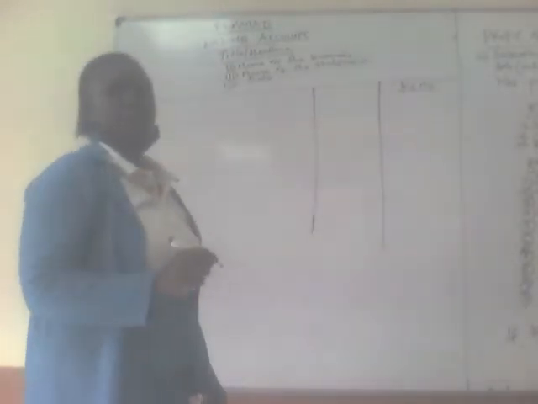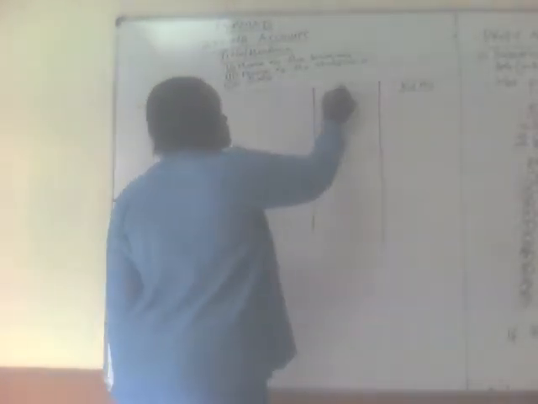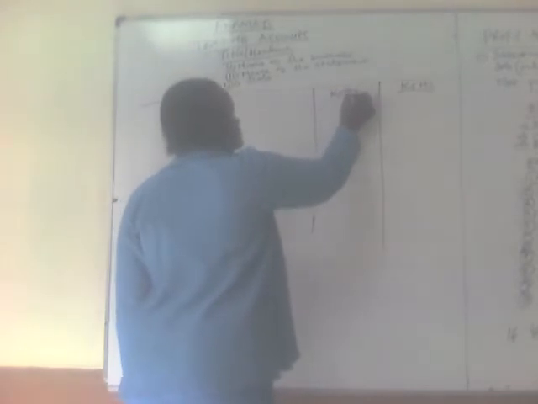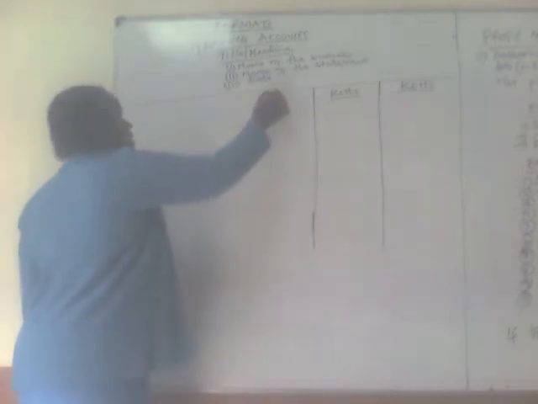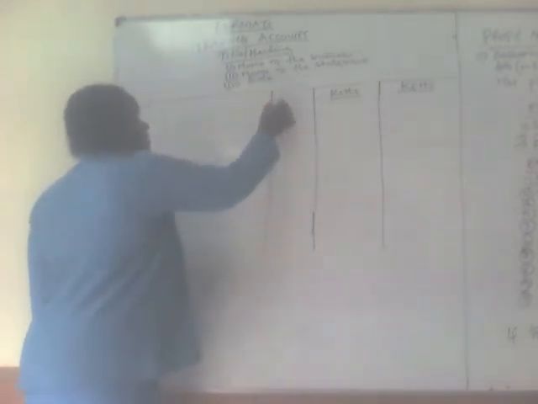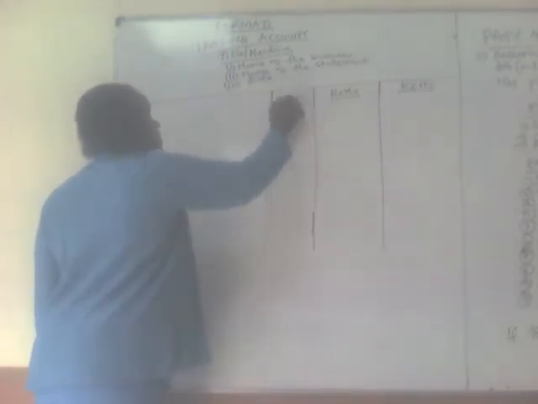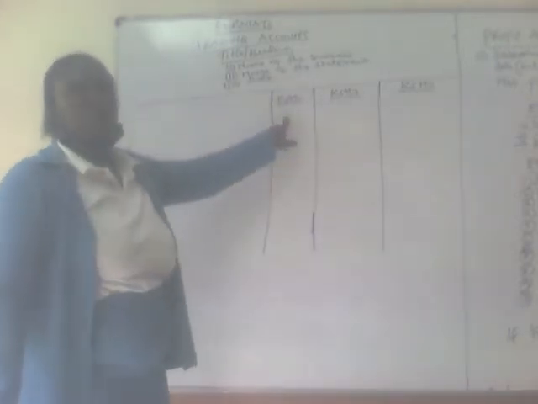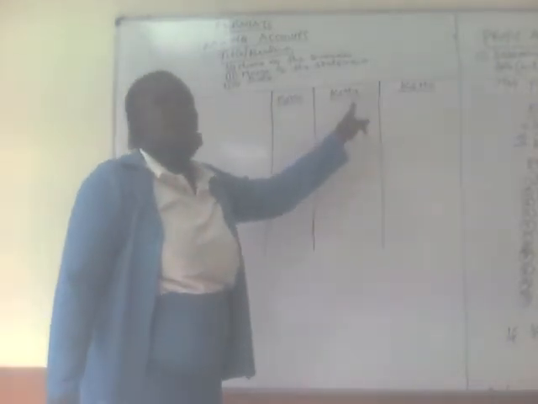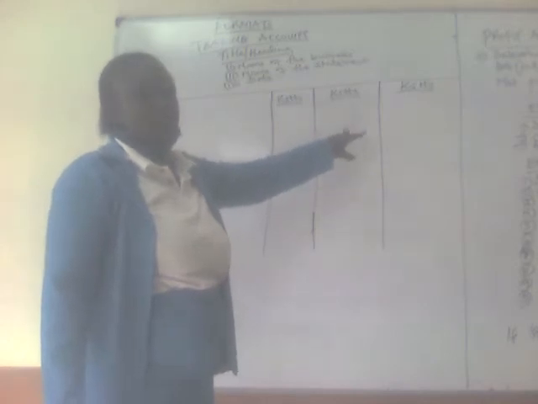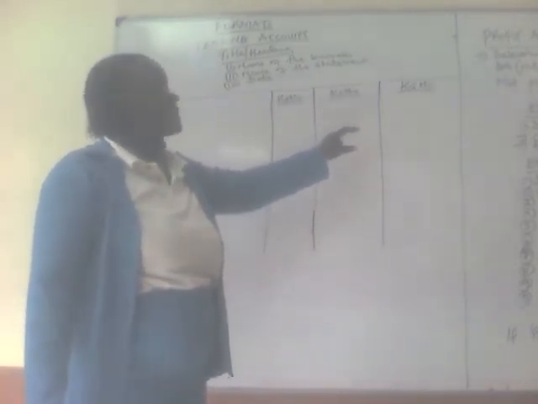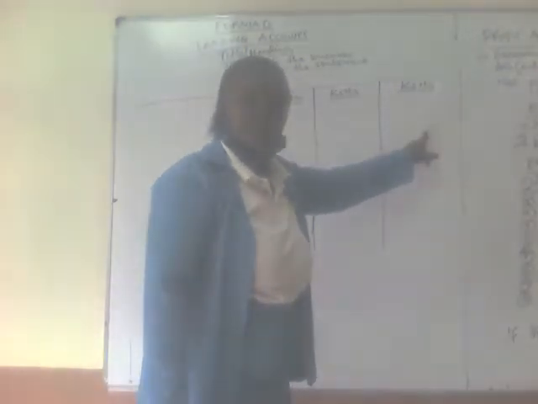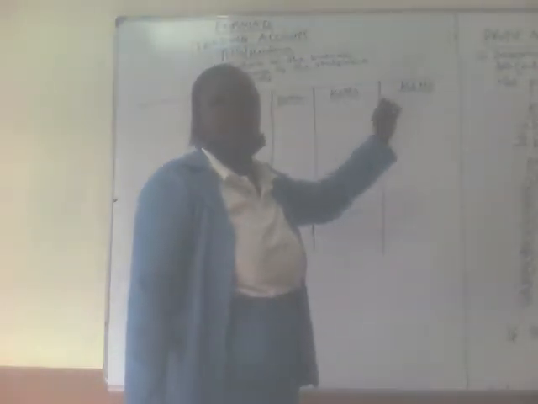In Kenya, we use Kenya shillings. The first 2 columns, that is column 1 and column 2, they are for adjustments. Then the last column is for the totals.